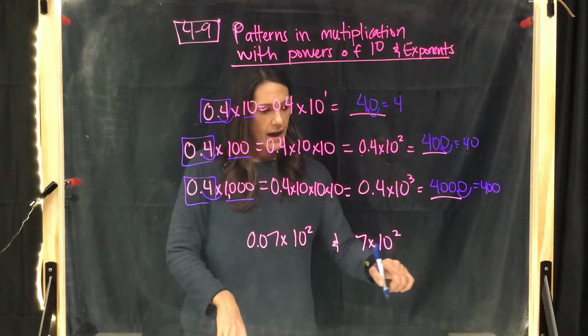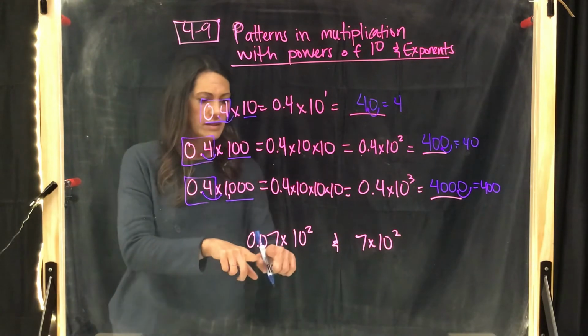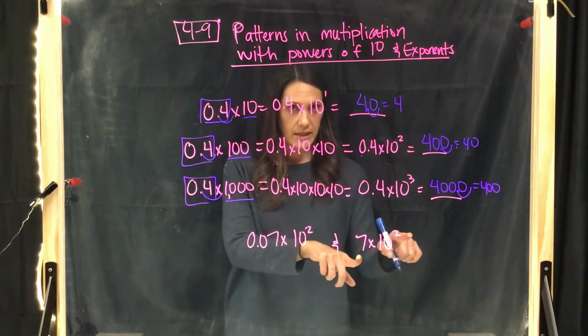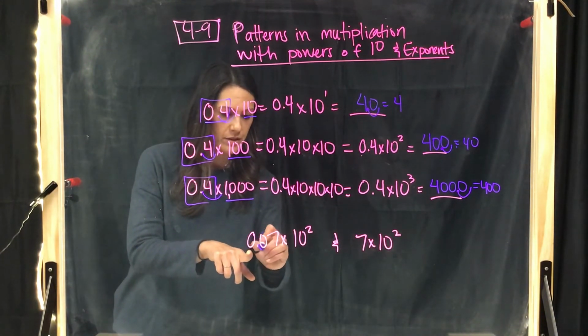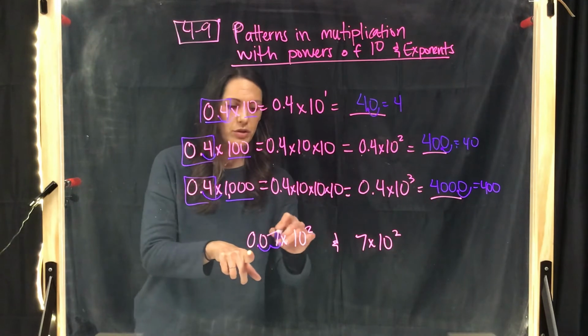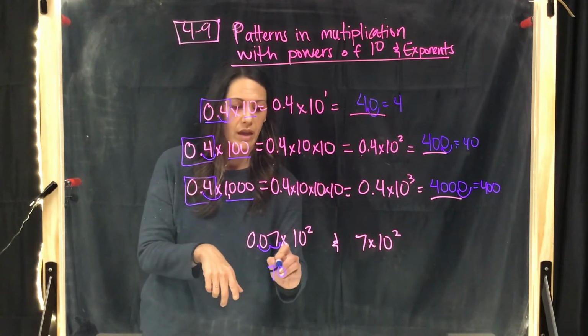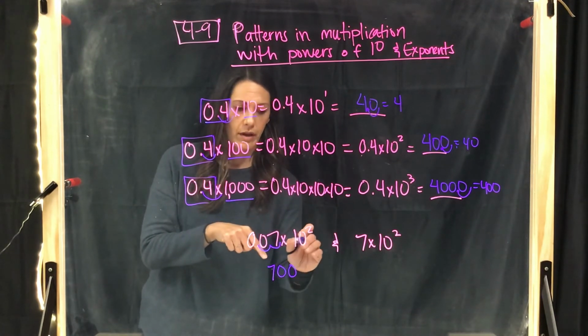Now when we look at these two numbers and compare them, this is 7/100 times 10 to the second power, and this is 7 times 10 to the second power. For this one, again, I'm just not going to multiply with the decimal. It took 2 moves to get it out, and I'm just going to think 7 times 10, that's 70. Oh, actually there's 2 zeros here, so I'm going to put the 2 zeros, okay?